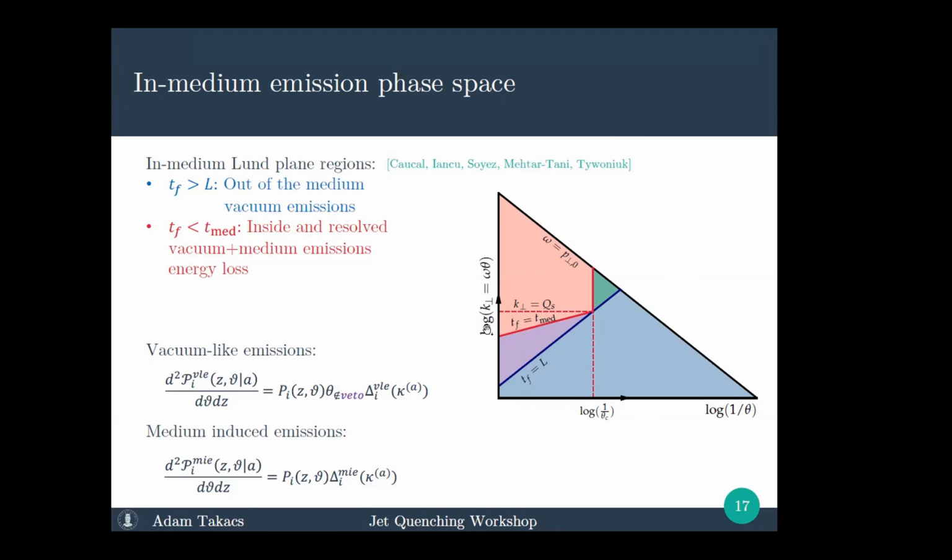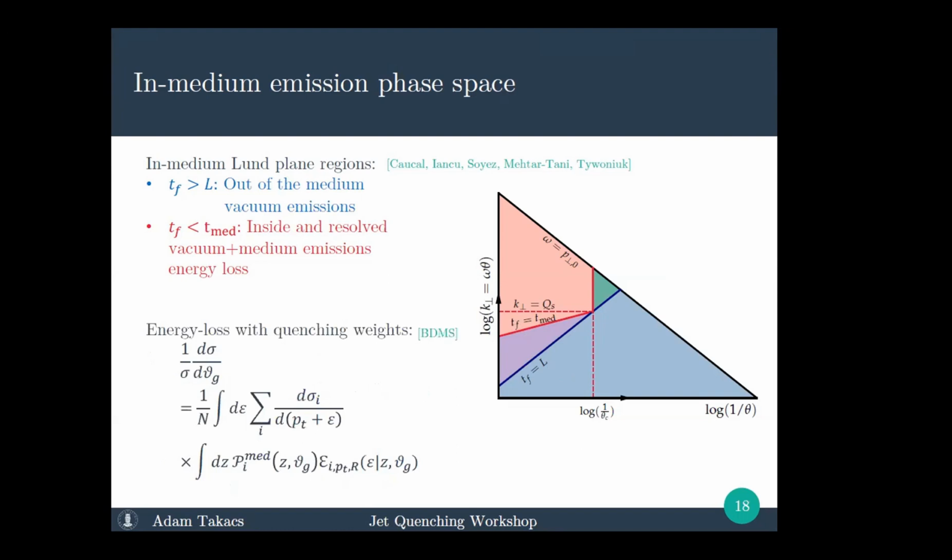So all emissions inside this red region will split early in the medium, and they have enough time to accumulate enough transverse momentum in the medium that the medium is going to see them as separate when they leave the medium. There's also this veto region, the purple, that Paul was discussing. I don't want to go into detail.